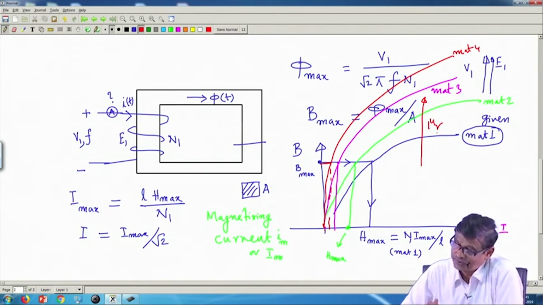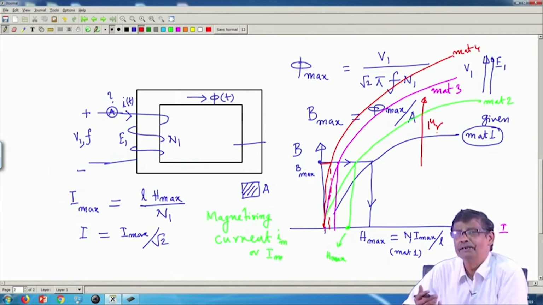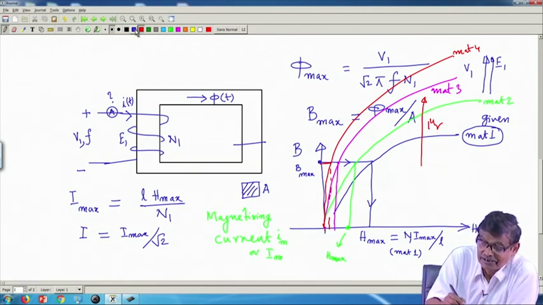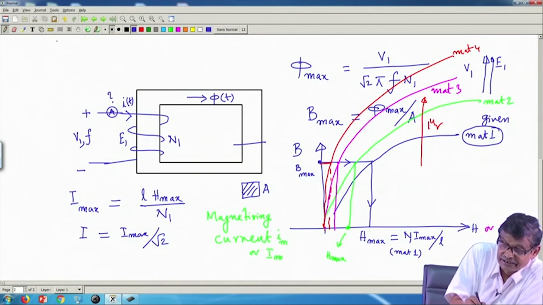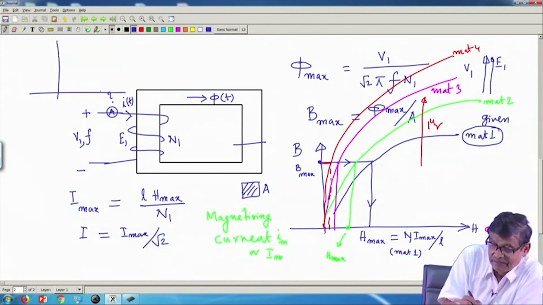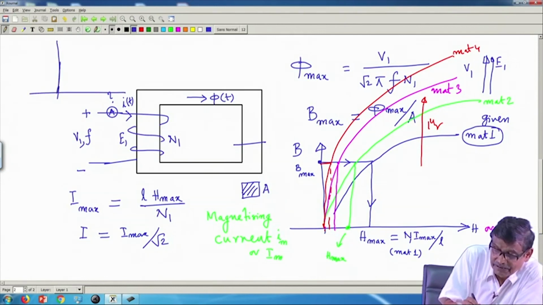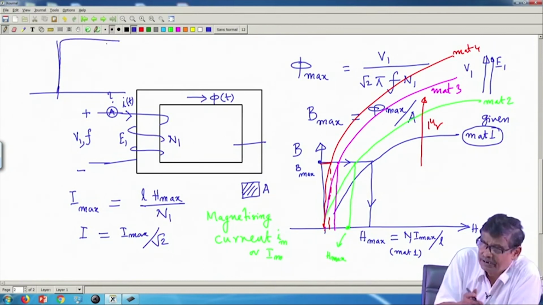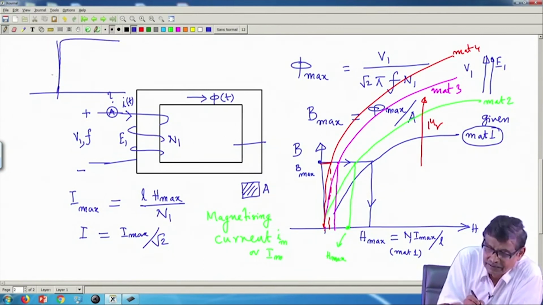Therefore, suppose mu r is very high, tending to infinity, what does that mean? It means that the BH curve will be something like this, very steep, therefore to create flux you require very little current.